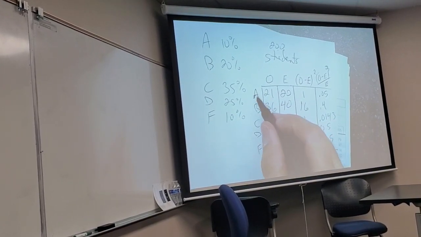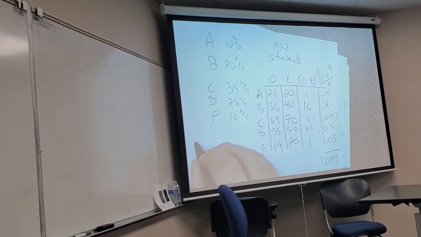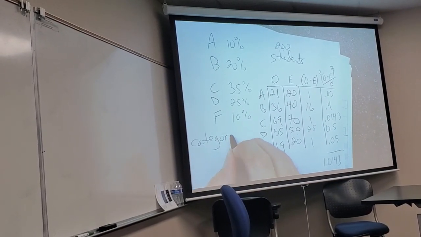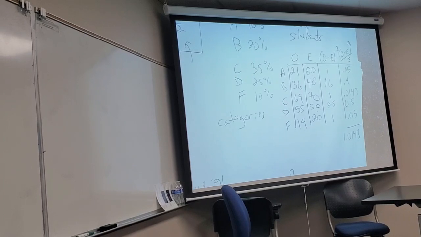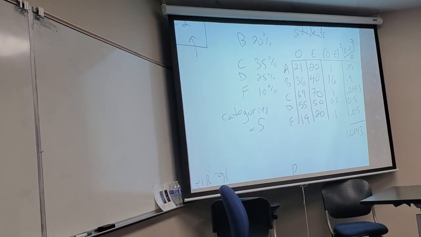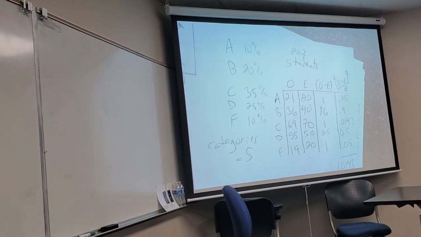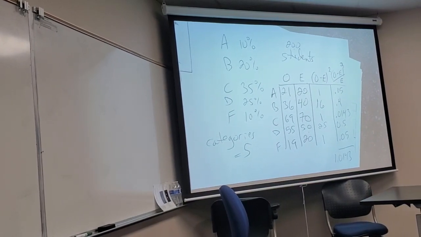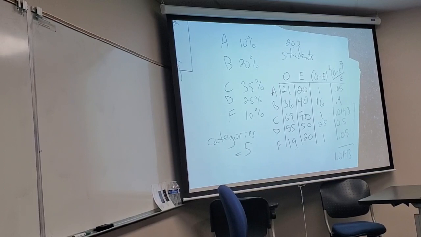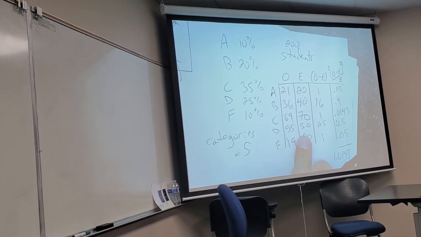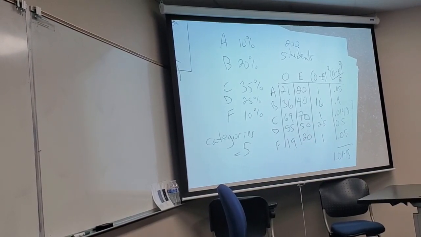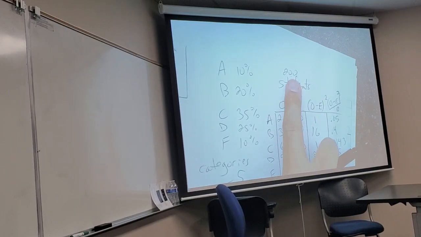How many categories were there? 5. How big was our sample that we took? 200. When I do this kind of analysis, the degrees of freedom will not be 199.